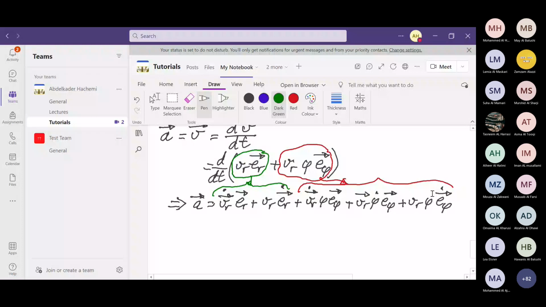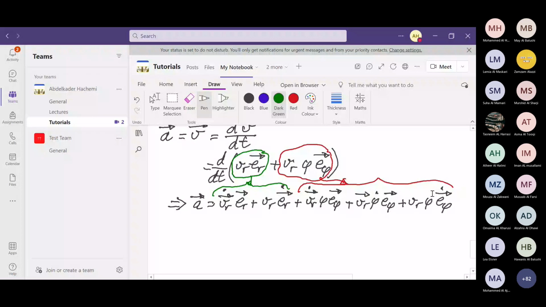That means this term is equal to 0, and here also it's equal to 0. Now we have phi dot, we have e_R dot, and we have e_phi dot.